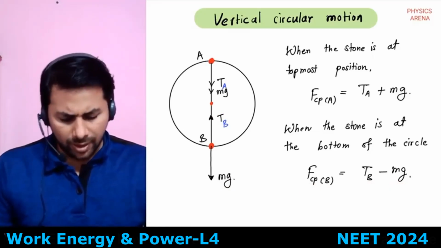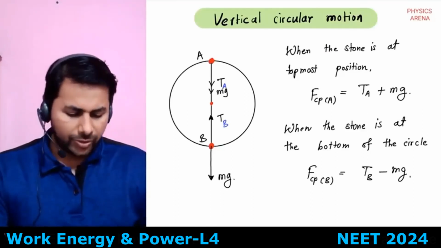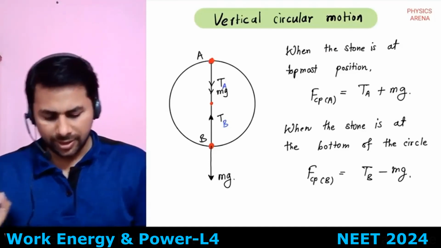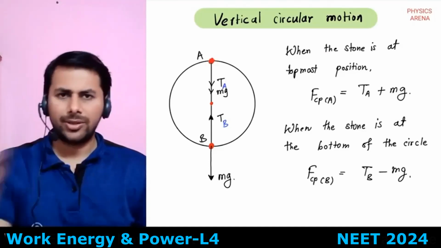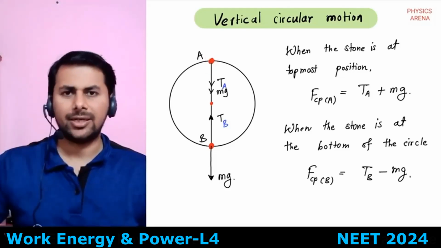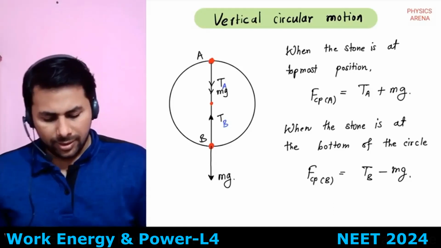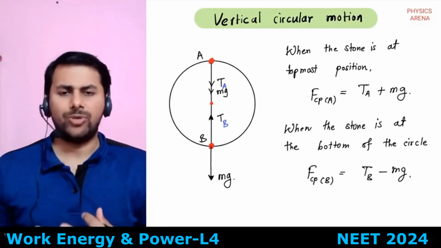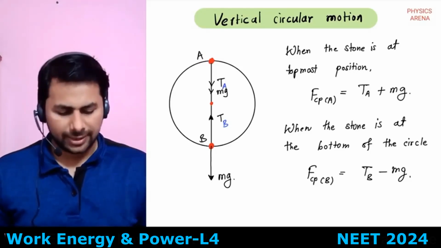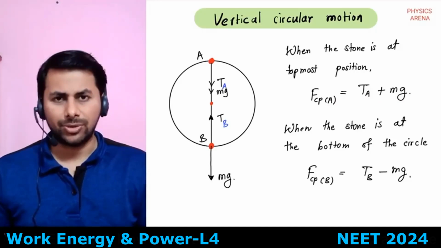Now, suppose we want to find the minimum speed with which this ball should be moved from this point such that it completes the vertical circle. The minimum speed at the top means the centripetal force is minimum, and the centripetal force is provided by the tension and the gravitational force.